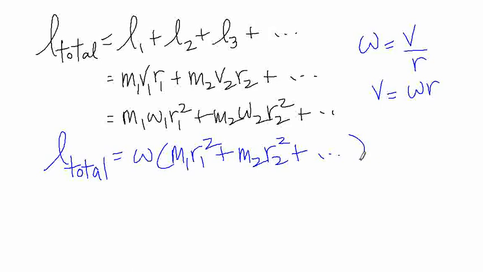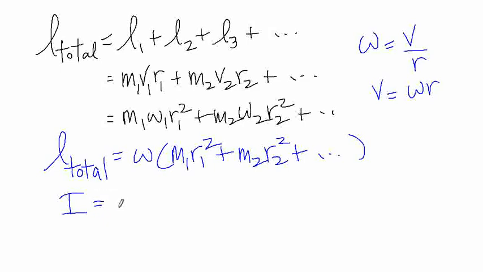Now, this comes up so much that we give a special name for the blue expression in parentheses. We call that the moment of inertia for a rigid body, and that traditionally is denoted by the variable I. So let me write an equation and definition that corresponds to what I just said.